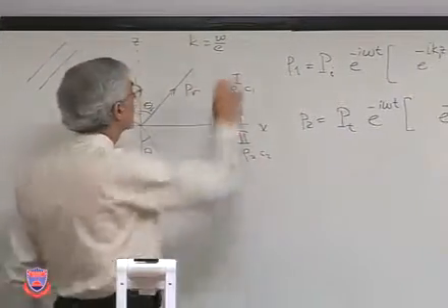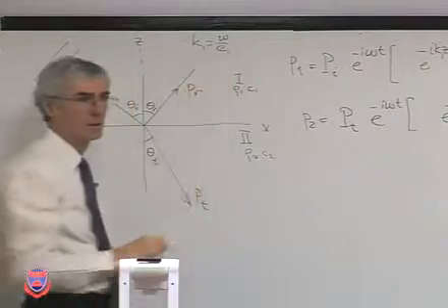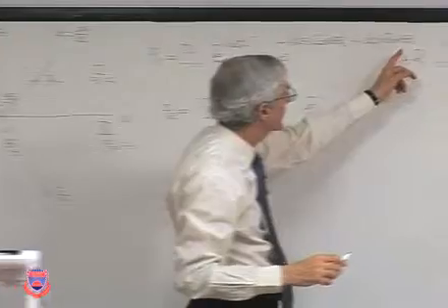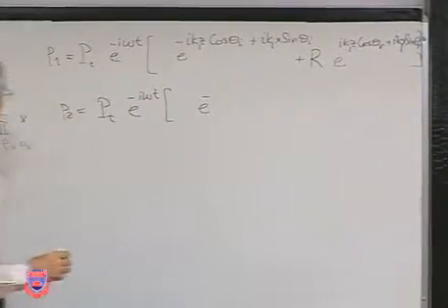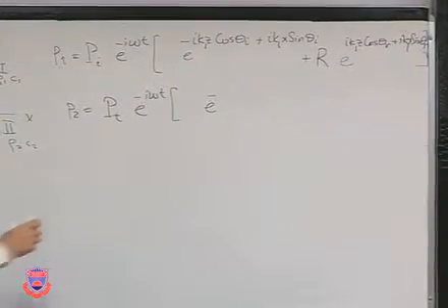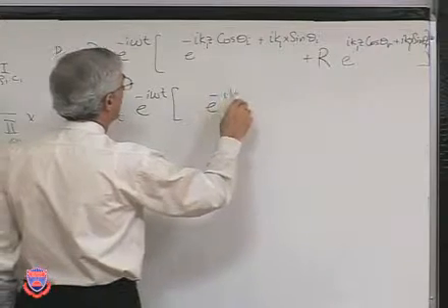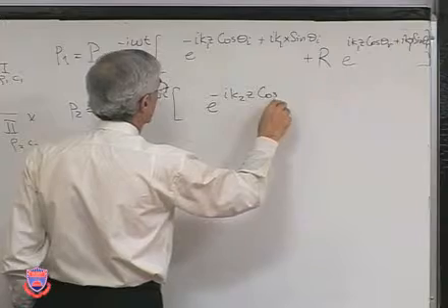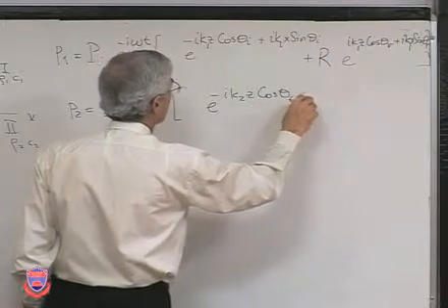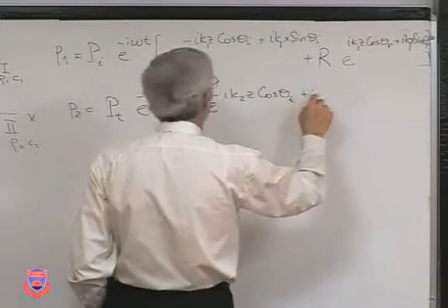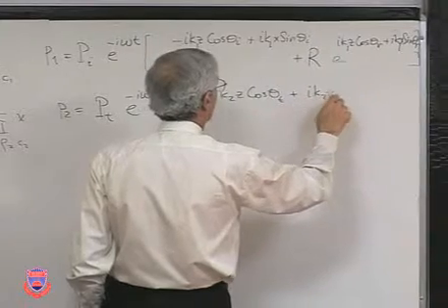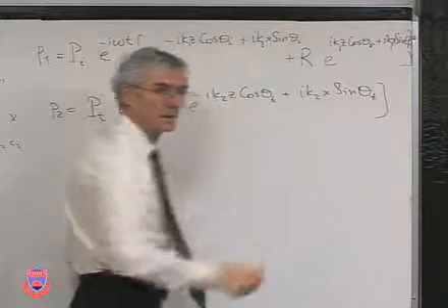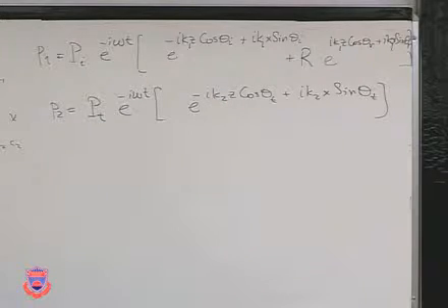Frequency doesn't change, but speed of sound will change it. So these are all k1. Then for the transmitted side, i k2 z cosine theta T plus i k2 x sine theta T.